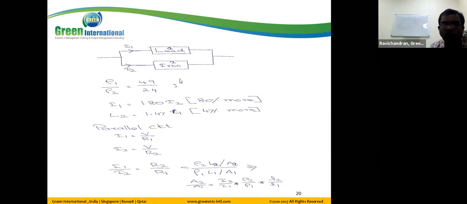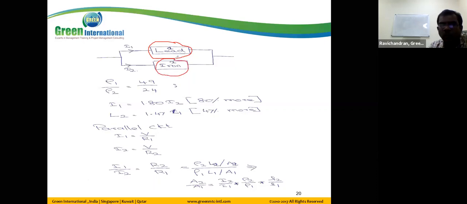Lead wire I denote as 1 and iron wire I denote as 2. That is, I1 means current flow through the lead wire, I2 means current flow through the iron wire. So in this way we understand the things.